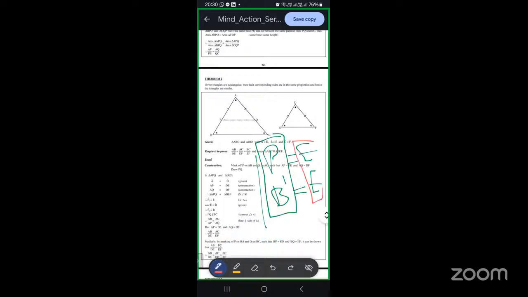Then, if you are convinced that these angles are equal, you can conclude that this line and this line are parallel, reason being the converse of corresponding angles. And then you state your equal angles: angle P1 is equal to angle B.